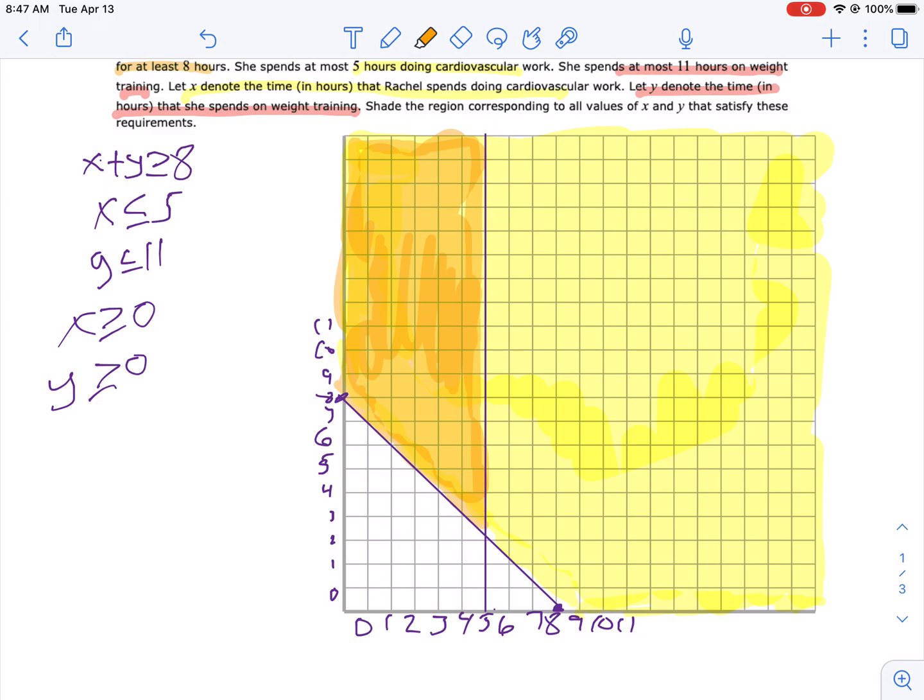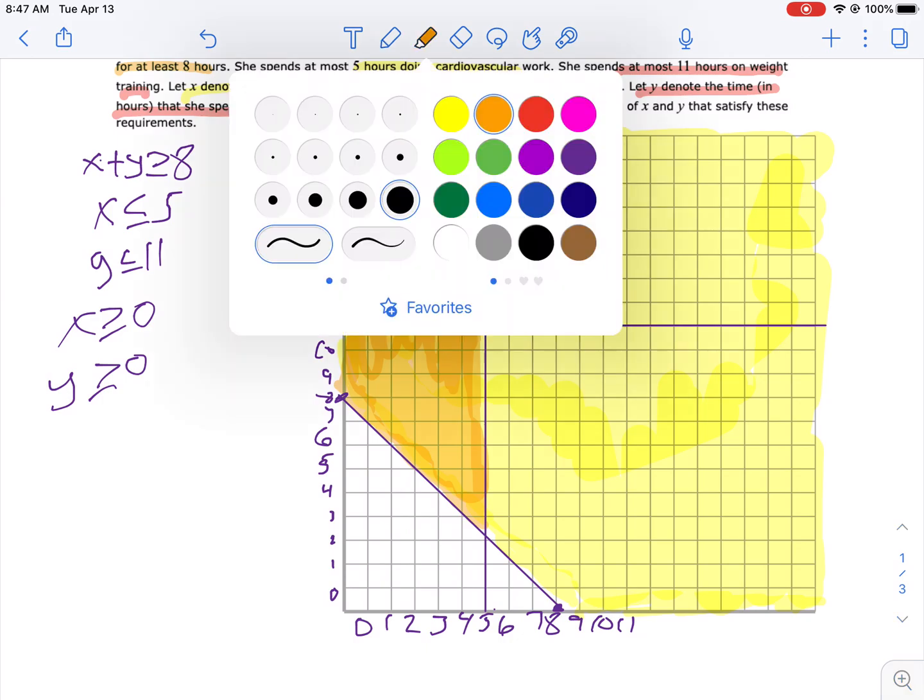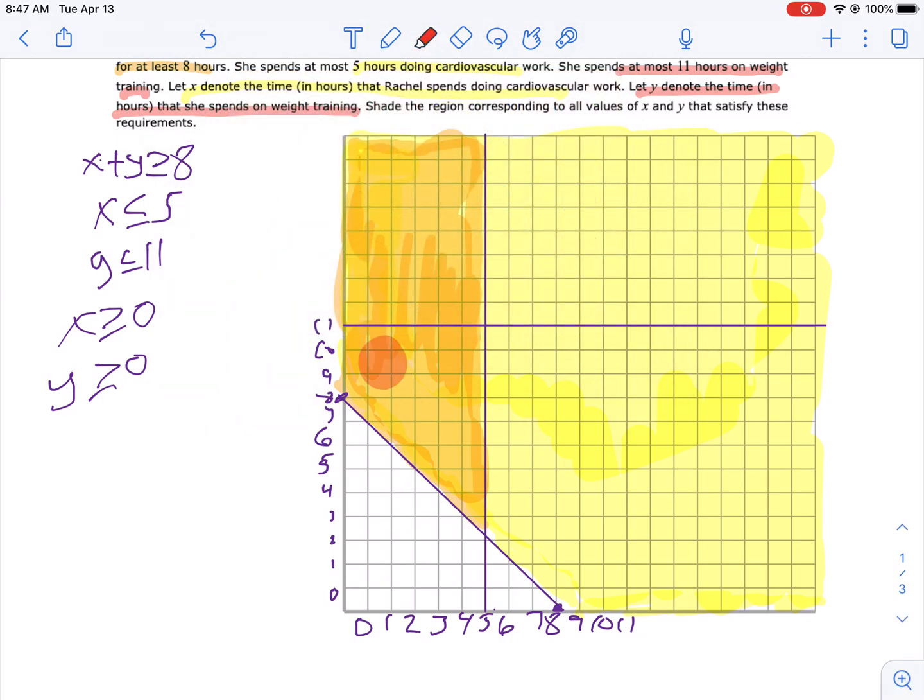My third line, Y is less than or equal to 11, so I'm going to have a horizontal line going through 11. And since it's less than, I'm going to shade beneath that, so my triple shaded region is going to be this region right here.